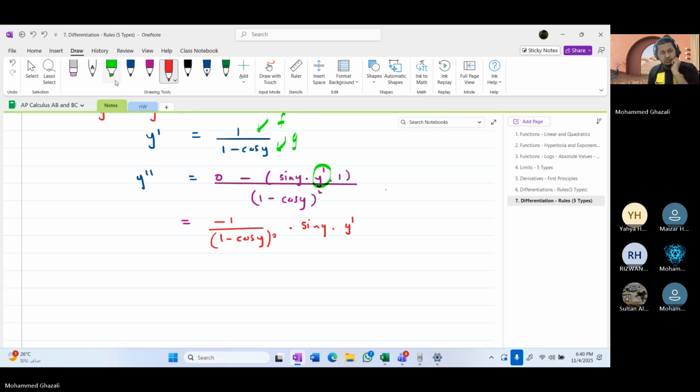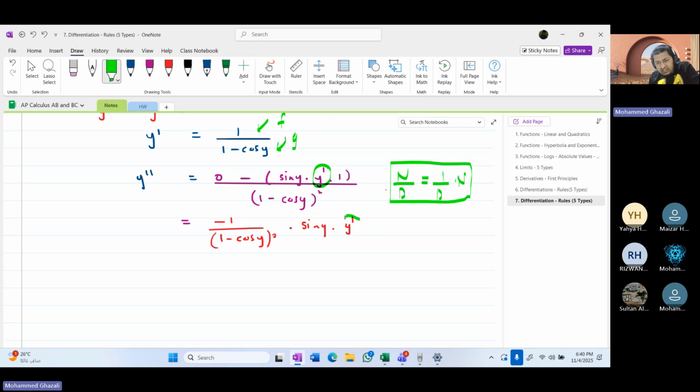Why? Because I want you to see that all this is still on the numerator. See the denominator part, I just separated it. Because if you have numerator over denominator, you can always write 1 over d times n. That's what I'm doing. So this is the denominator part. I pulled it out and there's a negative 1 here. Sine y times y prime.